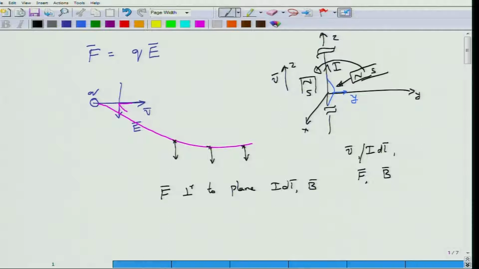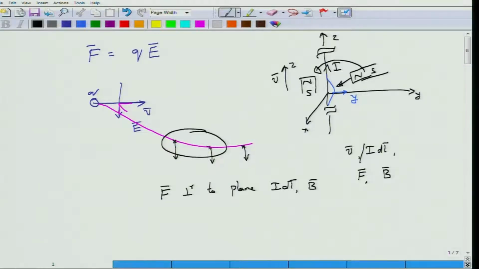This is interesting because we have not seen such vectors. We have not seen an action where the force on a charge results in a direction that is completely perpendicular to the charge motion. If you go back to the electrostatic case, you would not see that. In the electrostatic case, the force is not in a direction perpendicular to velocity and electric field. It would always lie in the same plane as v and E. In fact, it would lie in the same direction as the electric field.